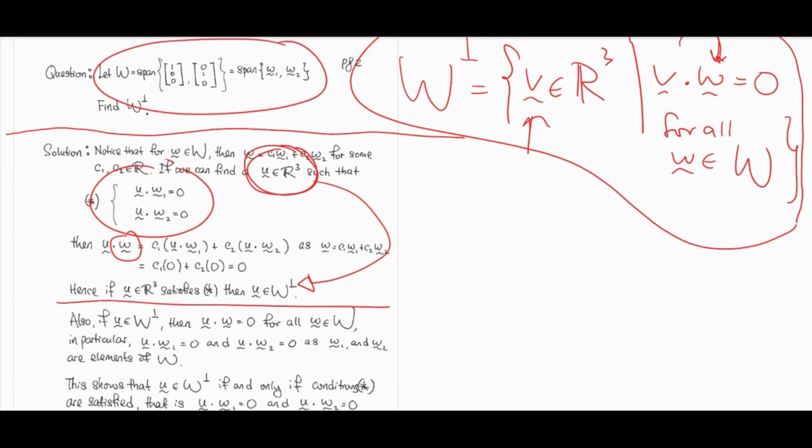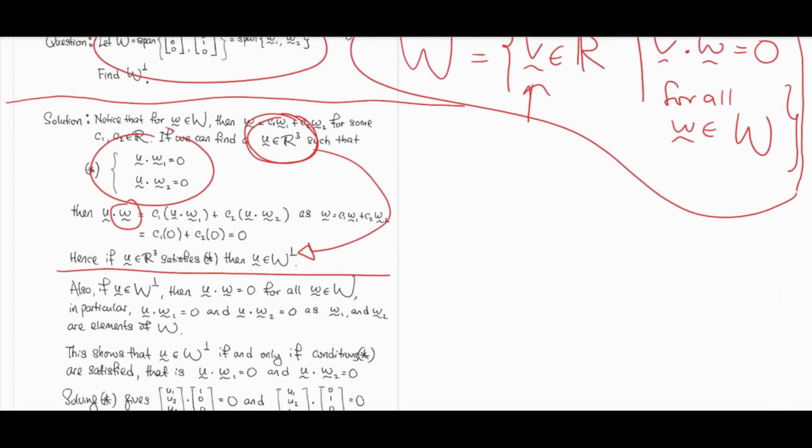Now let's look at the other way around. If you have a vector u, this time in W perp, that means u dot w will have to be equal to 0 for all the w in this vector space W. However, we do know that w1 is an element of W, so this requirement also implies that u dot w1 has to be 0.